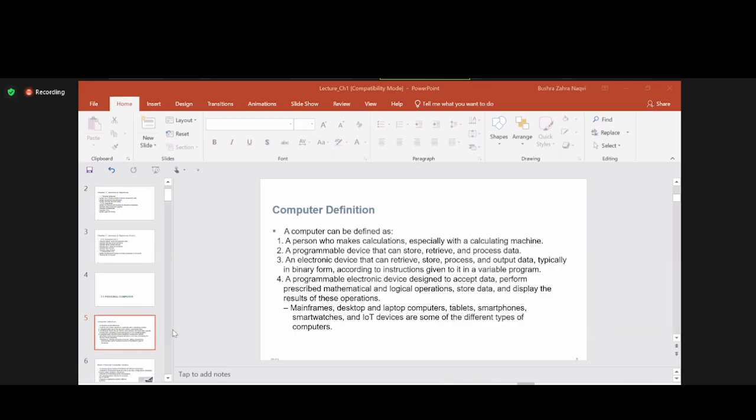So we have a variety of computers surrounding us, like mainframe computers, desktop computers, laptop computers, tablets, servers, and smartphones. They are all varieties of computers, with different shapes, sizes, capacities, capabilities, and applications.